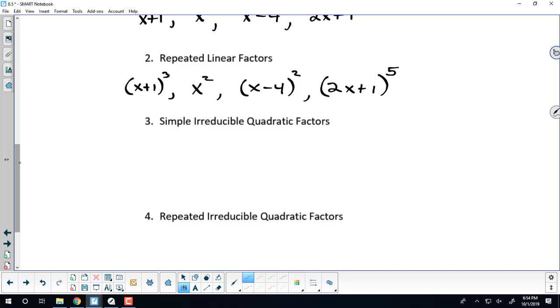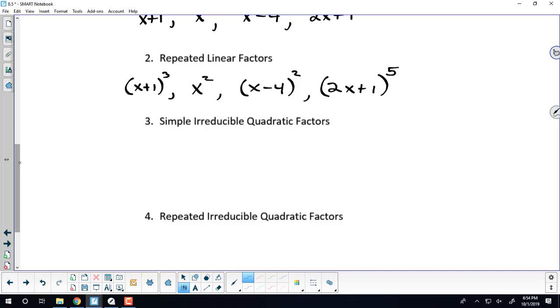Simple irreducible quadratics. If you're given a quadratic, how do you know the quadratic's irreducible? It can't be reduced. Yeah, exactly. It can't be reduced. Done. But how do we know if it can't be reduced? Kind of, yeah, on the right track, how you're thinking of it, for sure.